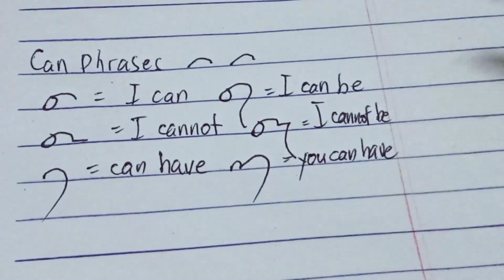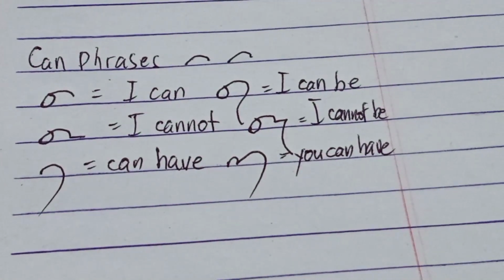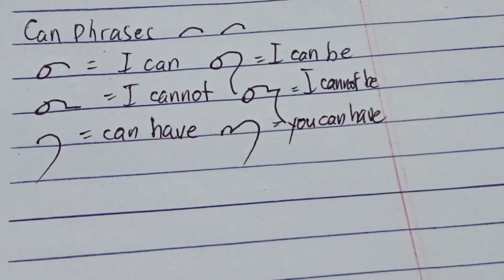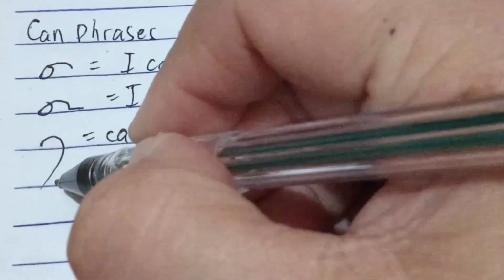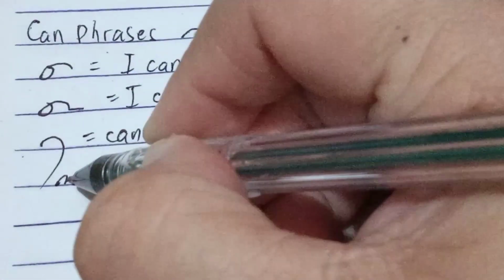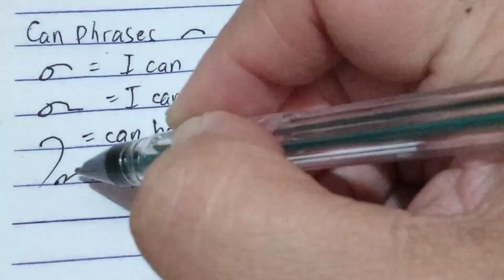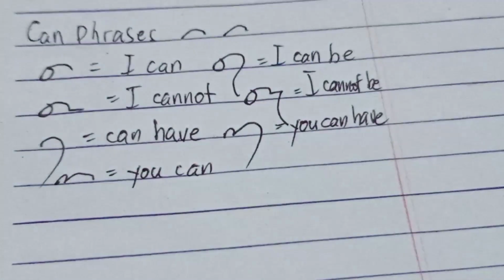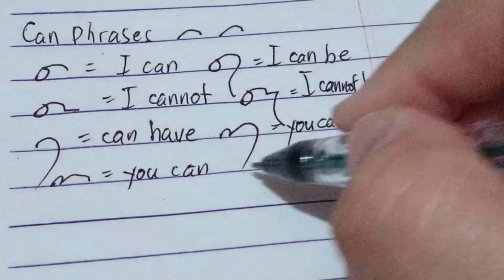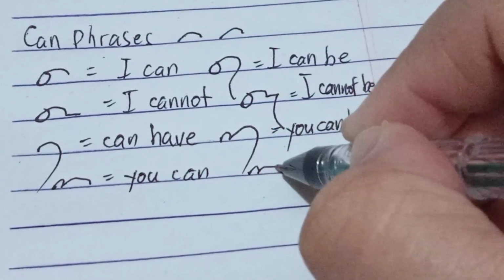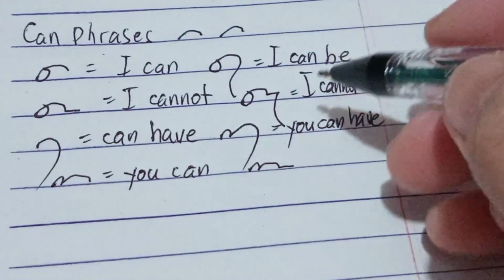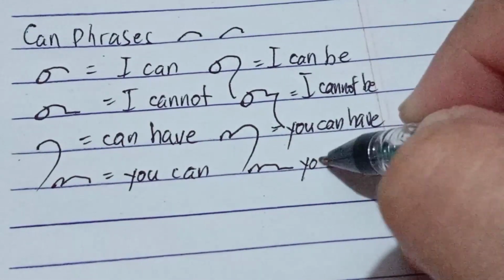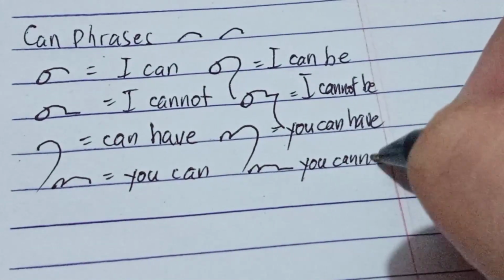So you can have. How about if I write you tsaka can? So this is you can. If I write you cannot, so this is you cannot.